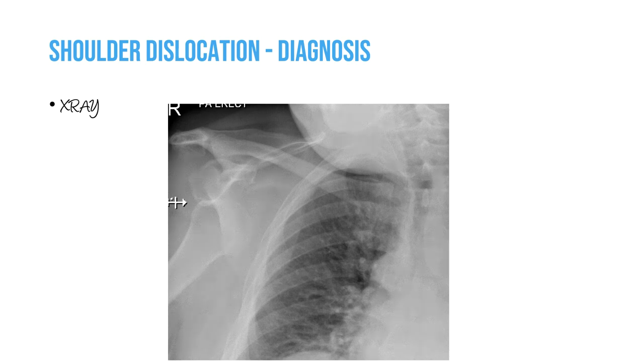The X-ray here shows you that the humeral head is located outside the glenohumeral joint. That's your glenoid there. Normally this humeral head should be lying here. You can see that's an anterior-inferior dislocation, although it's very difficult to say whether it's inferior because you're just looking at the front view of the X-ray. You need to look at the front and the lateral X-ray, so the AP and the lateral X-ray.